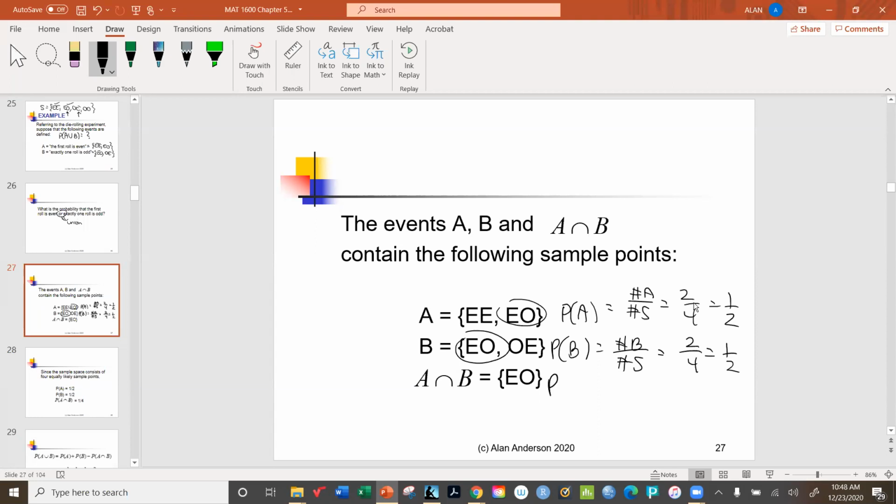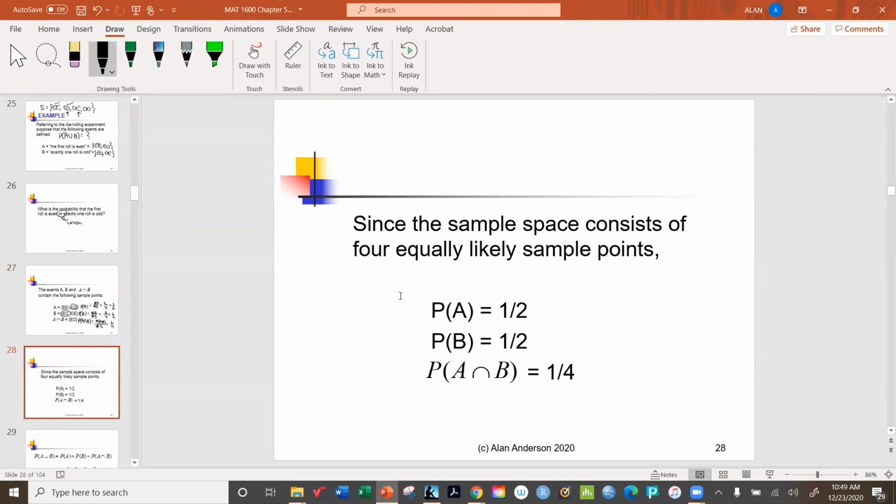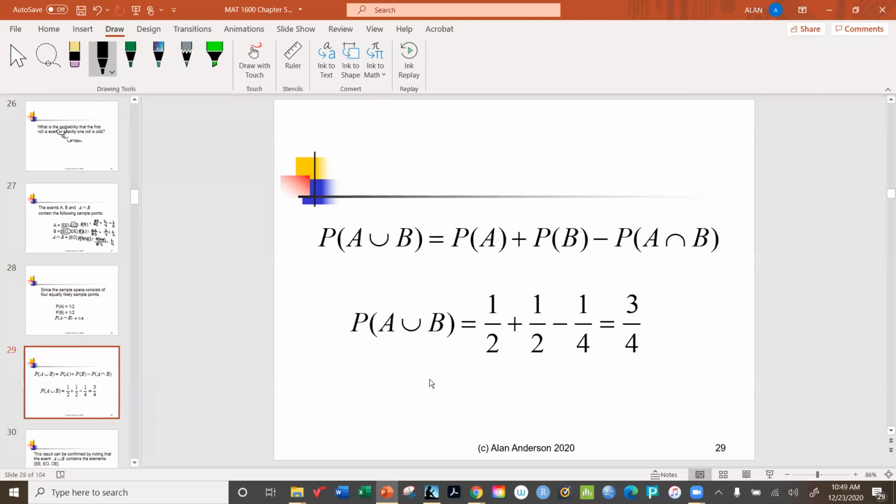And then for the intersection, that would be 1/4. So now those can get plugged directly into my addition rule. And guess what I'm going to get? Okay. So there, once again, those are the 3 probabilities. And when I add them up, I'm going to wind up with, of course, 3/4.